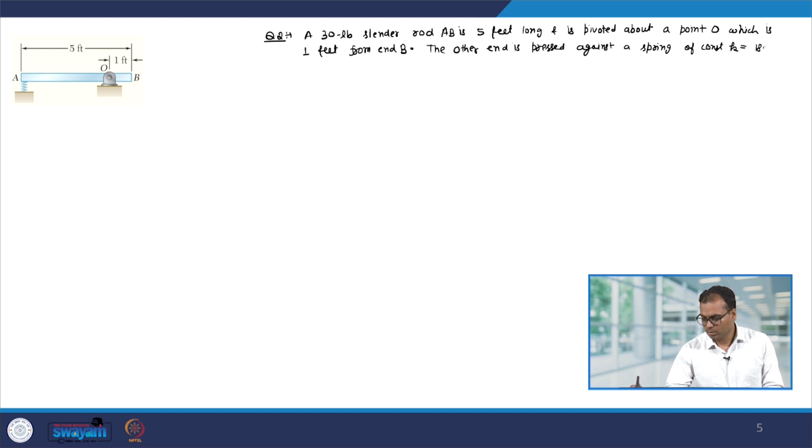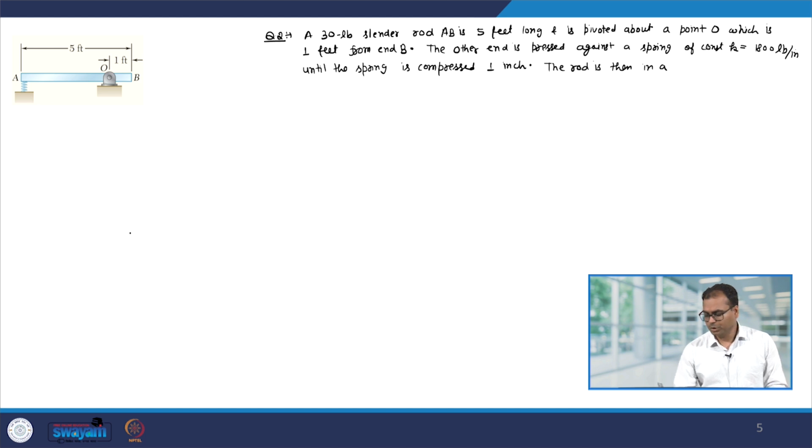equal to 1800 pound per inch until the spring is compressed 1 inch. The rod is then in a horizontal position.